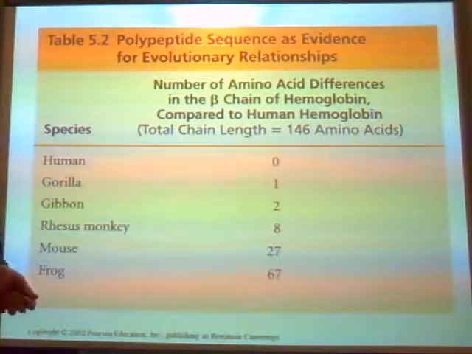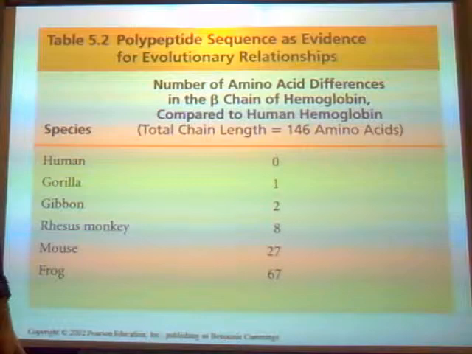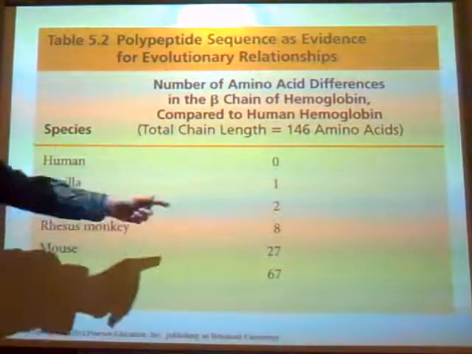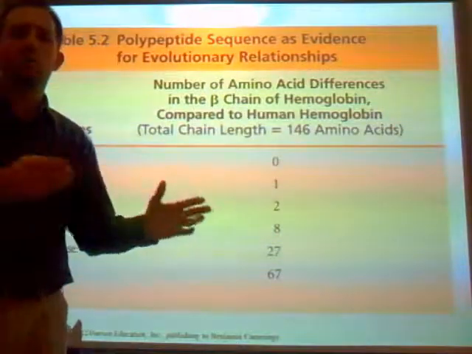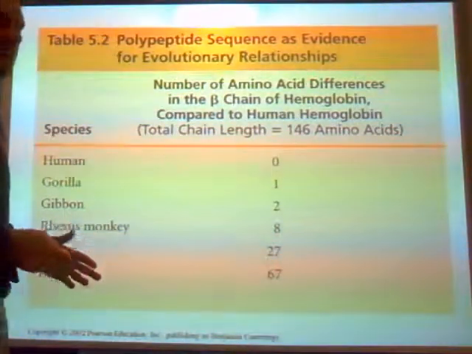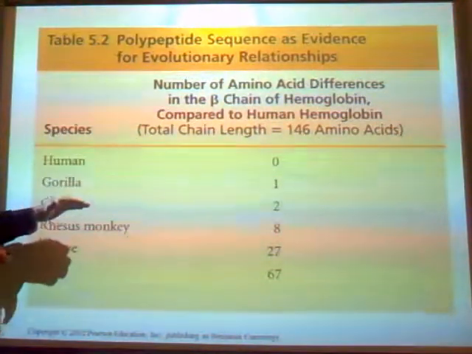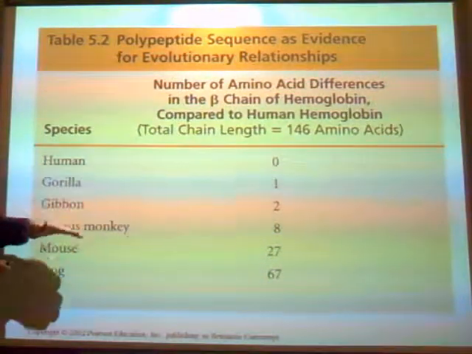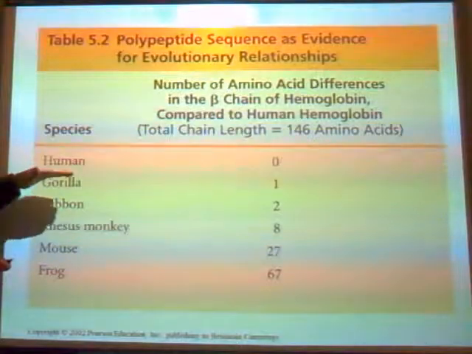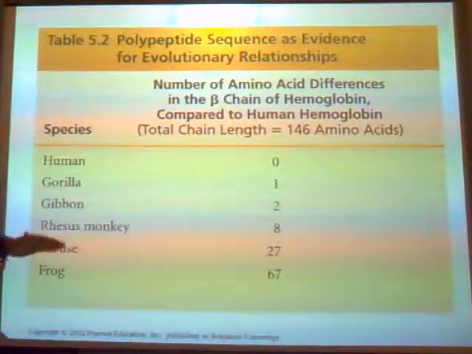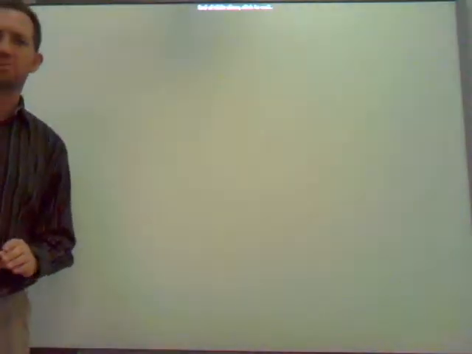When we look at a gibbon, there are 2. Rhesus monkey, there are 8, and then the mouse and the frog are 27 and 67 respectively. So what this would say is that the gorilla, the gibbon, and the rhesus monkey, in that particular order, are going to be more closely related to humans than the mouse and the frog happen to be.